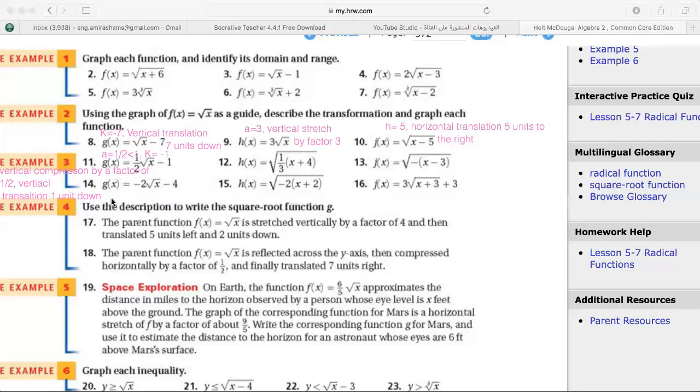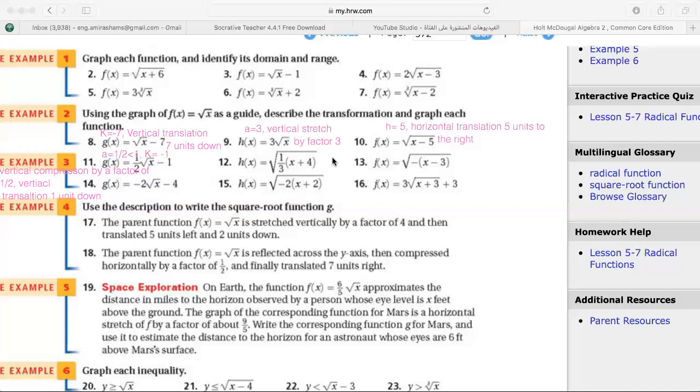here also we have two transformations. Okay, both are for the function under the radical sign. So there is a number multiplied by x, which is 1 over 3, not for the whole function. No, it is multiplied for x only. So it is stretch or compression.